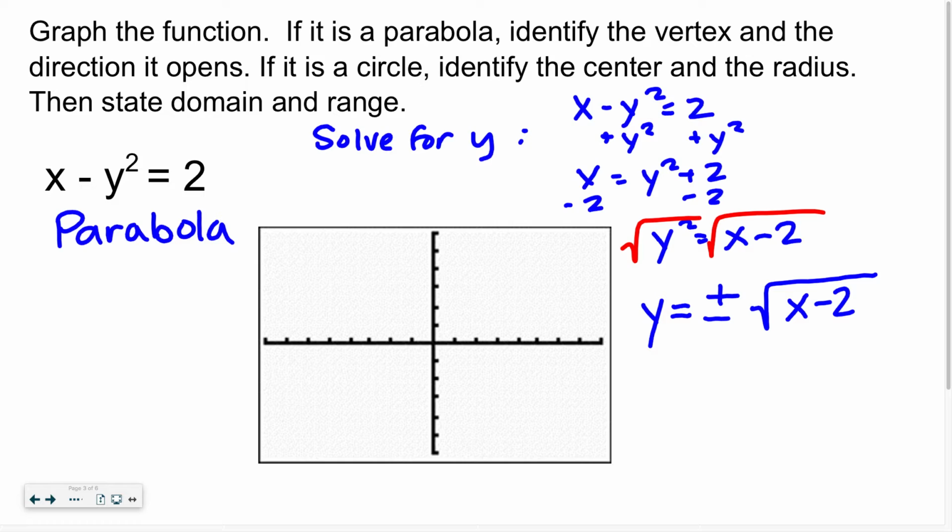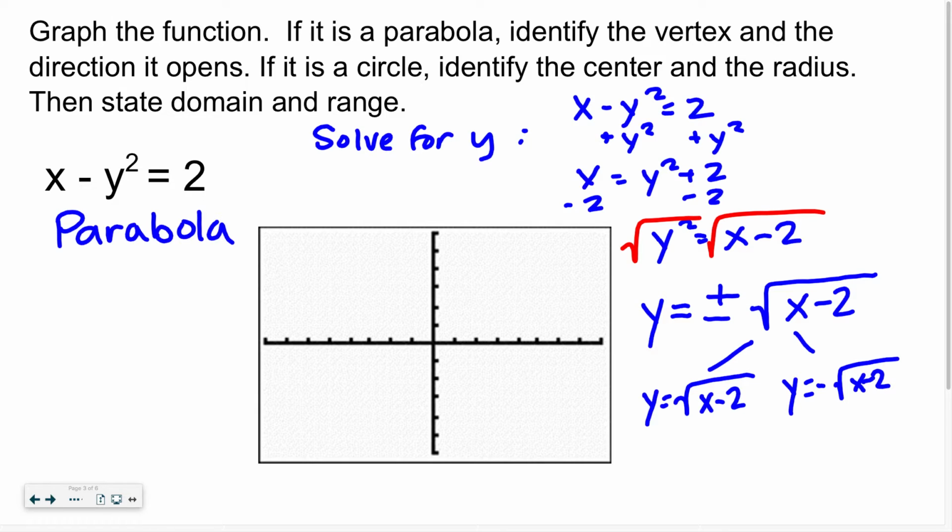Well, yesterday you graphed square roots, but they would be positive or negative, not both. So this really means essentially you're graphing two equations. Y equals the square root of x minus 2 and y equals negative the square root of x minus 2.